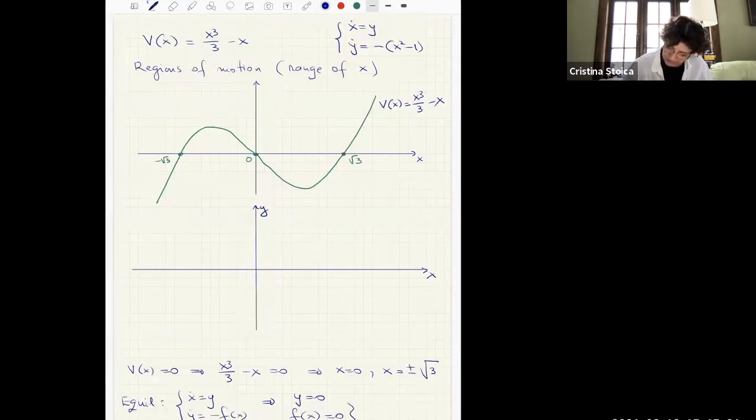So in other words, the x equilibria, the positions, are found at v prime of x equals 0. In other words, they are at the critical points of v.